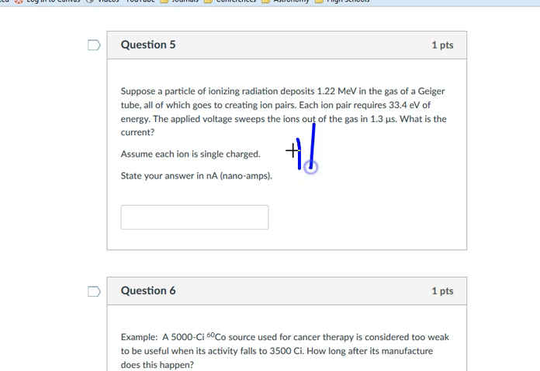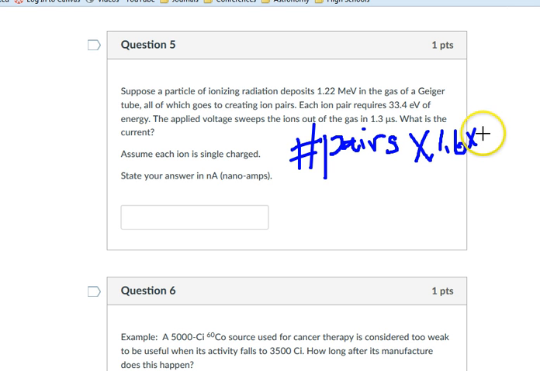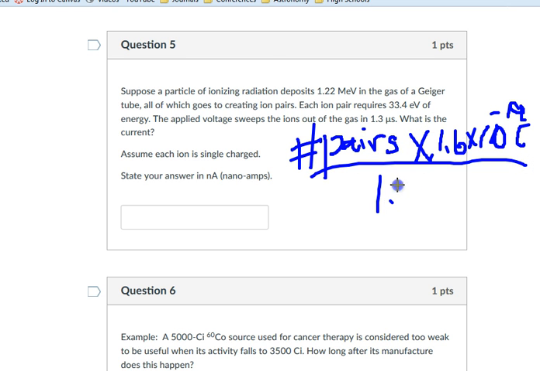So the number of pairs times 1.6 times 10 to the minus 19 coulombs is going to give us the charge, and the charge divided by the amount of time it takes to dissipate is the current, right?